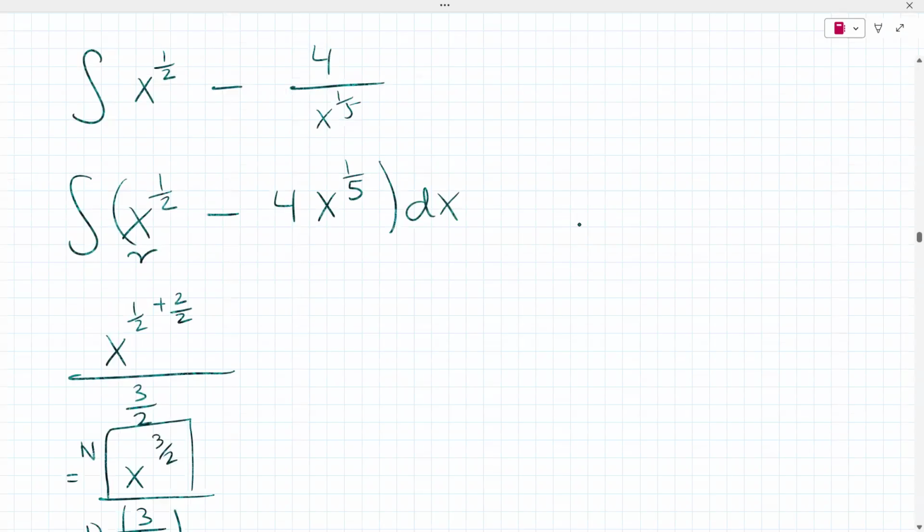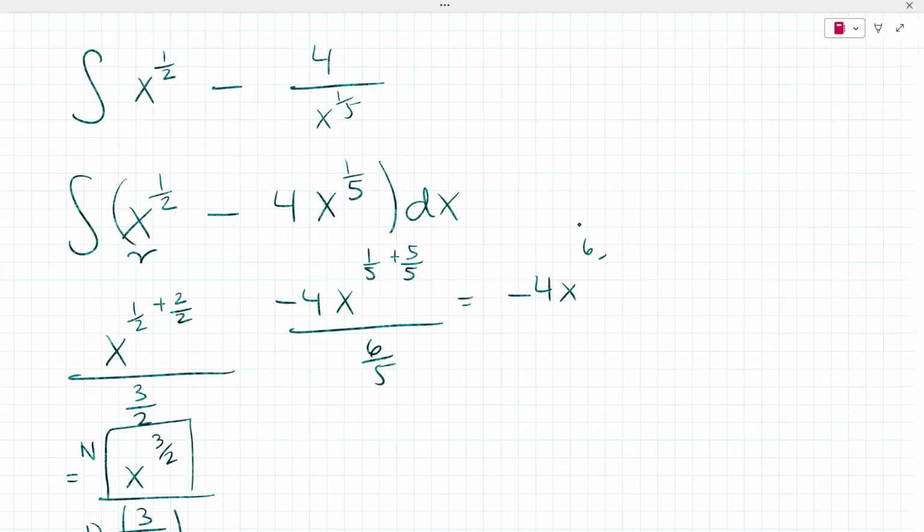Now let's look at negative 4x to the 1/5. The coefficient is going to be negative 4, and then it's old power plus 1, so 1/5 plus 1, or 5 over 5, divided by 1/5 plus 5 over 5, which is 6/5. So let's clean that up right now. This is going to be negative 4x to the 6/5, divided by 6 over 5. You have a complex fraction.